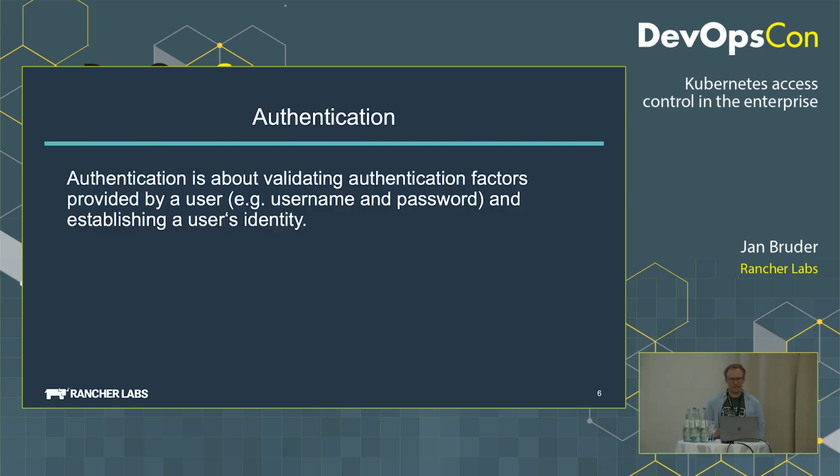So let's first get just a basic understanding. Obviously, most of you probably know what the difference is between authentication and authorization. So we can say authentication is basically about establishing the identity of a user by validating an authentication factor that he presented, like a password.